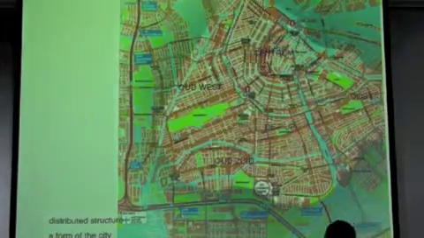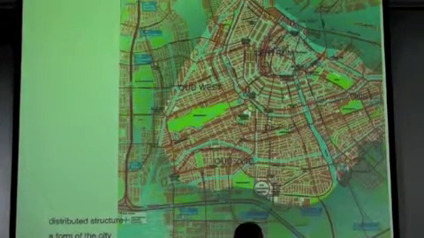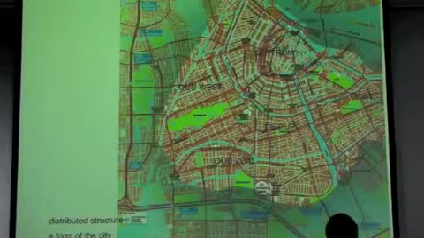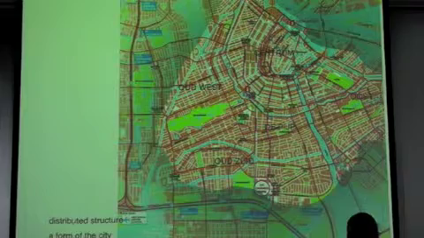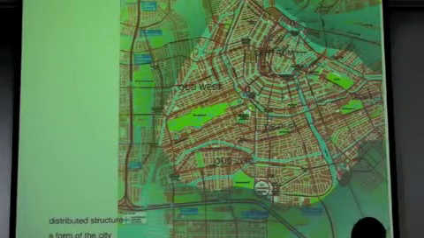And then when we zoom out, we suddenly can become part of the city. There can be this incredibly intimate relationship between these two scales.